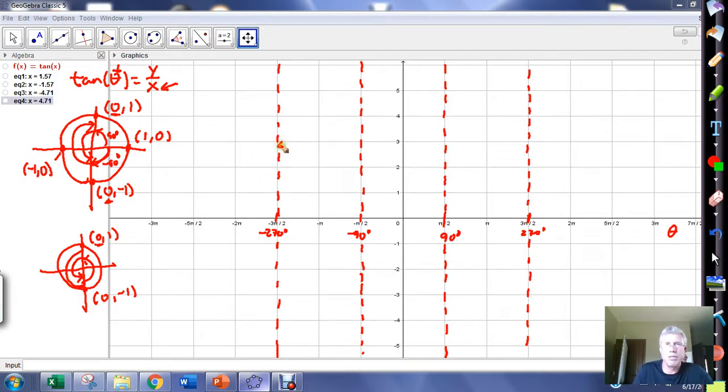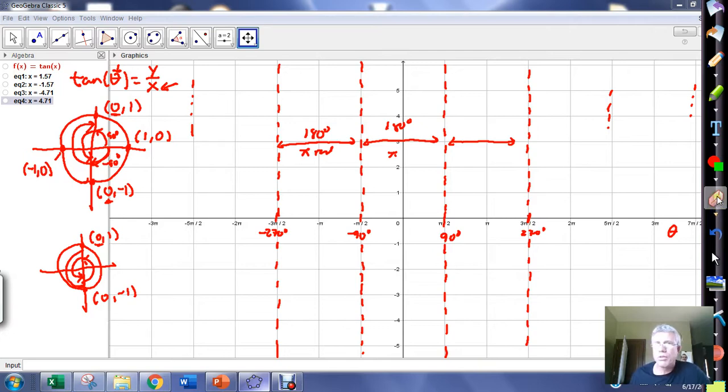So the distance between these vertical asymptotes is always going to be 180 degrees or pi radians. And these would continue over and over again infinitely far in every direction. So vertical asymptotes, that's the first key feature you'd want to pencil in on a tangent function.